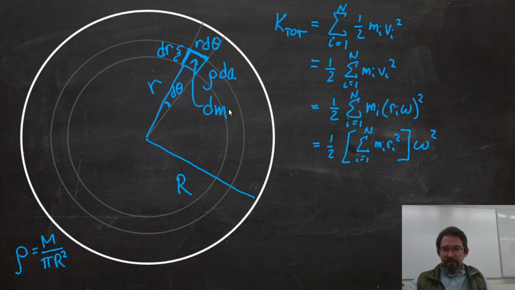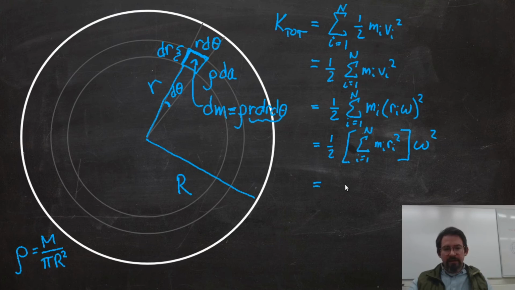So this dm is the density rho times the d area. What is that d area? Well, it's r d theta times dr. So we'll call it r dr d theta. And this thing here is the area of that little rectangle. This is the density, so if I take the mass per area times the area, that'll give me the little bit of mass.